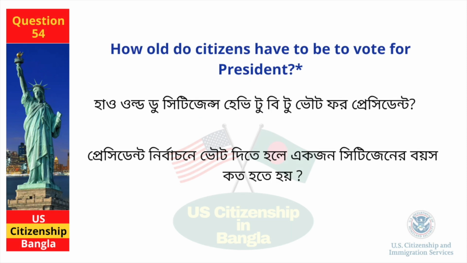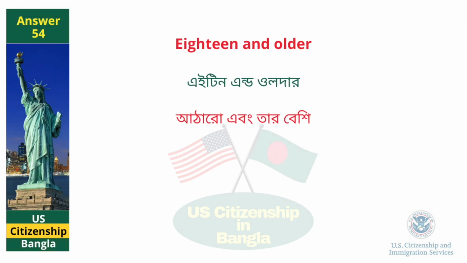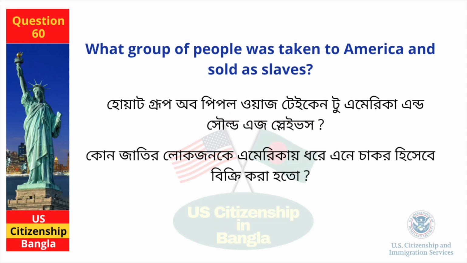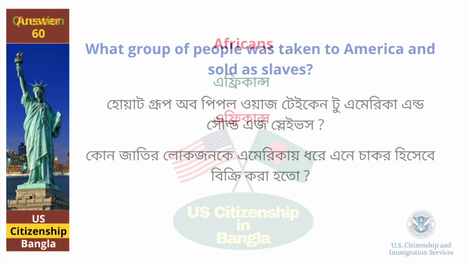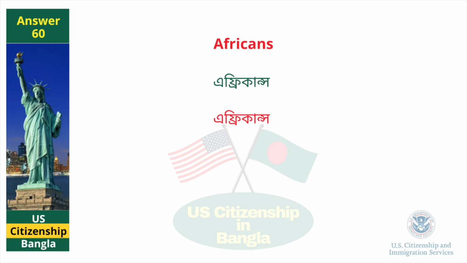How old do citizens have to be to vote for president? 18 and older. What group of people was taken to America and sold as slaves? Africans.